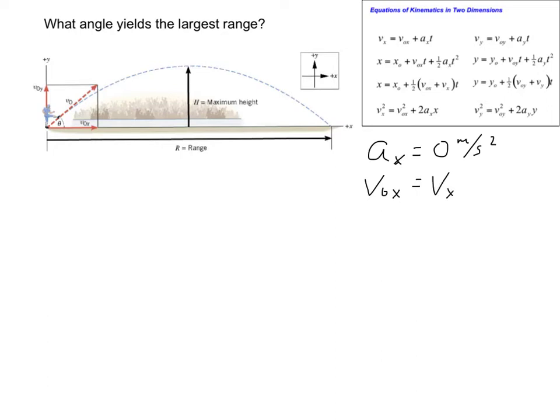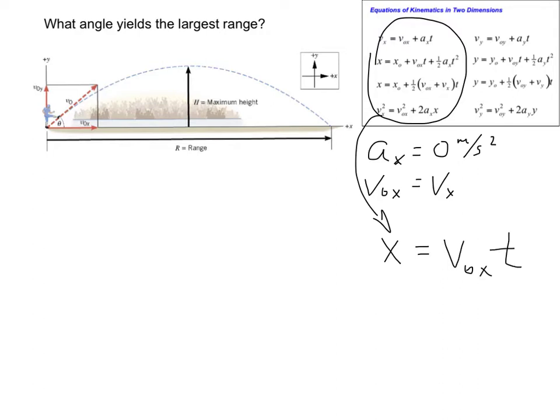Now what this results in, if you look at all four of these x equations, is that the only equation we really have to work with is that your final position, or your range, in this case your maximum range, simply equals your initial position, if you choose it to be something other than 0, plus your v initial x times t.